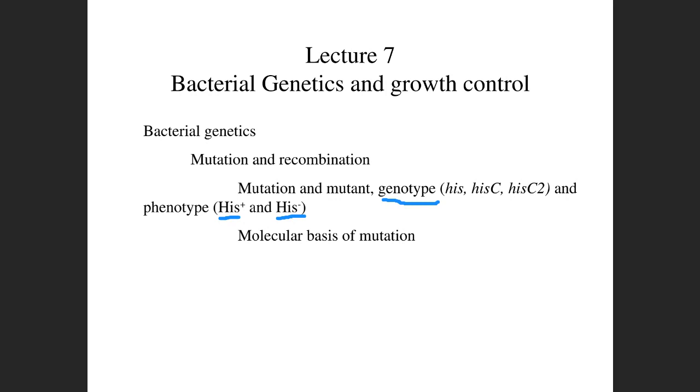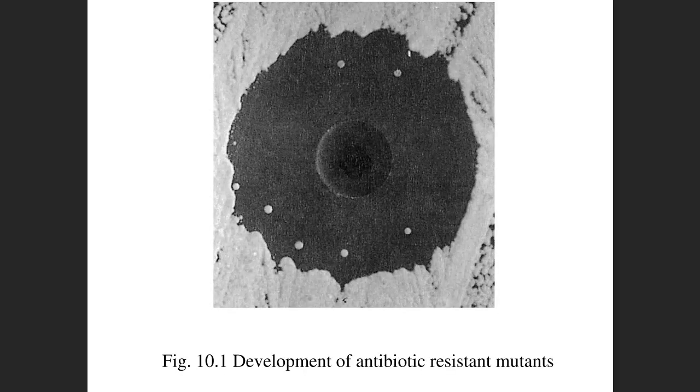Let's take a look at the molecular basis for the mutation. I mentioned earlier it's changes in genetic material. The first thing is an example of how you find a mutation and a mutant. Later on you will do the experiment to put an antibiotic disc onto a plate streaked with bacteria to measure the antibiotic resistance or sensitivity of a bacteria to a particular concentration of antibiotic.